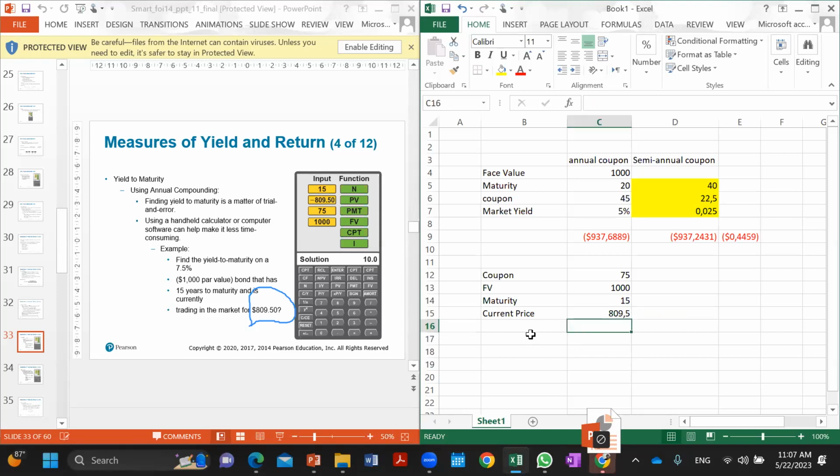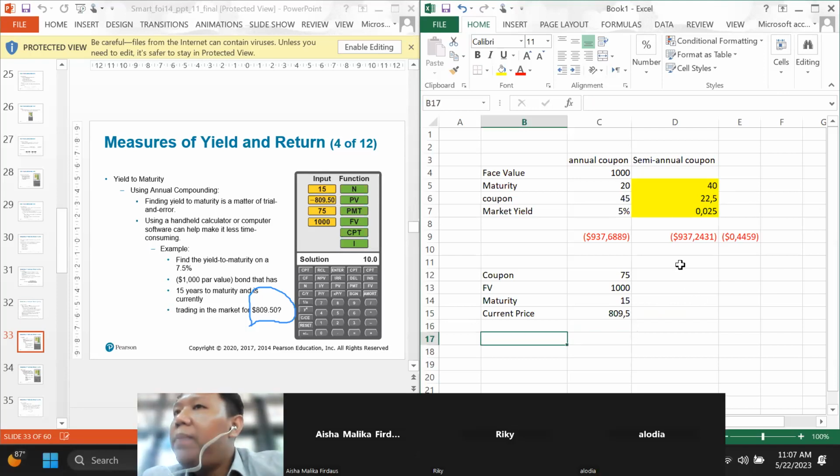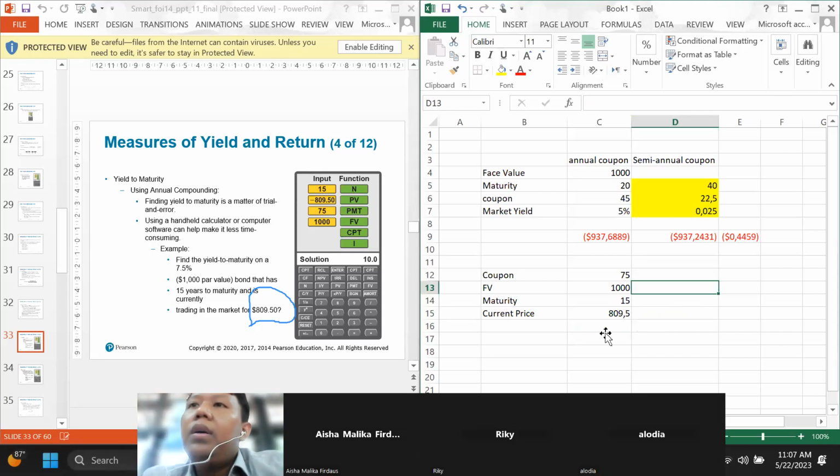So these are the data that we have, and then we will calculate the yield to maturity, or the expected return on that bond.